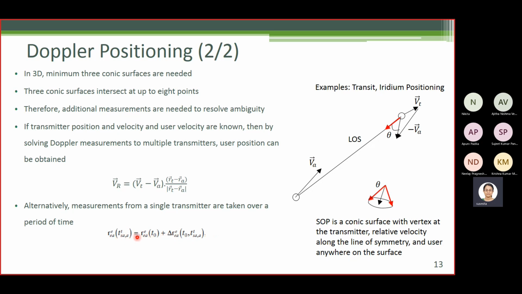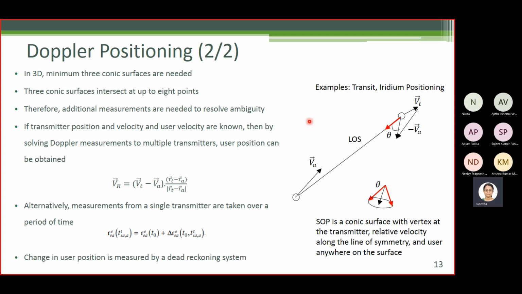So here we see the relationship between the initial user position and the user position at some other time instant, and this is the change in position. So we can use a dead reckoning system to determine the change in position. Then in all the measurements that we stack over a period of time, the only unknown will be the initial position. By solving the measurements over a period of time, we can get the initial position. Okay.